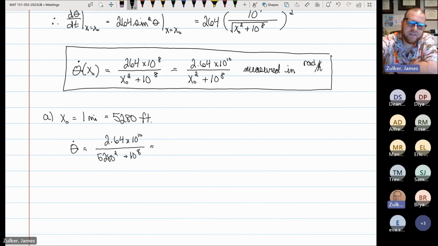So let's look at this. We have 2.64 times 10 to the 10th divided by 5280 squared plus 10 to the 8th.